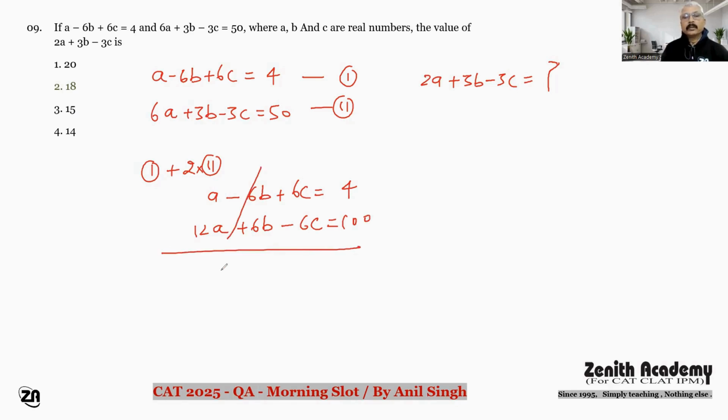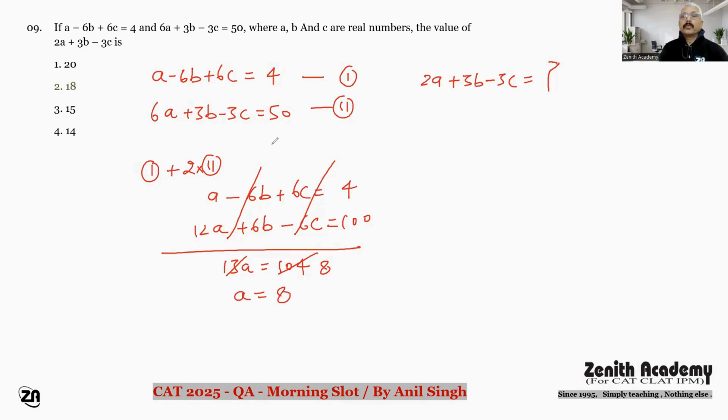Add it. This is cancelled, and this is also cancelled. So this becomes 13a is equal to 104. a is 8.